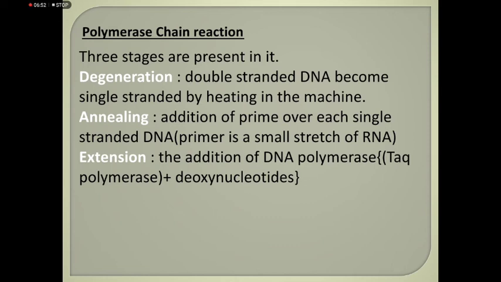Primer is a small stretch of RNA. Then the third stage is extension: the addition of DNA polymerase, Taq polymerase, plus deoxynucleotides. Sorry for the trouble. First stage is denaturation, not degeneration.